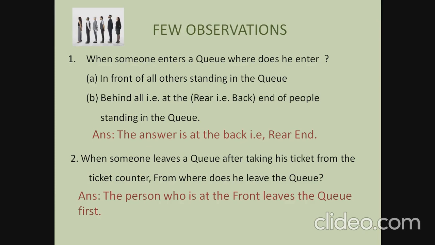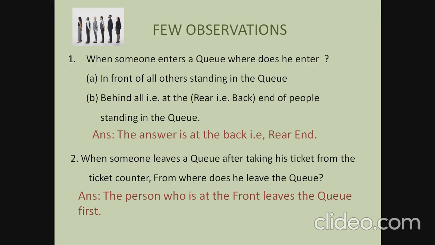So we can well see, while we were talking of stacks, we used to insert from the same end and delete from the same end. That is, we used to push from the same end and we used to pop from the same end. So I had to keep only one variable, top, to maintain it.